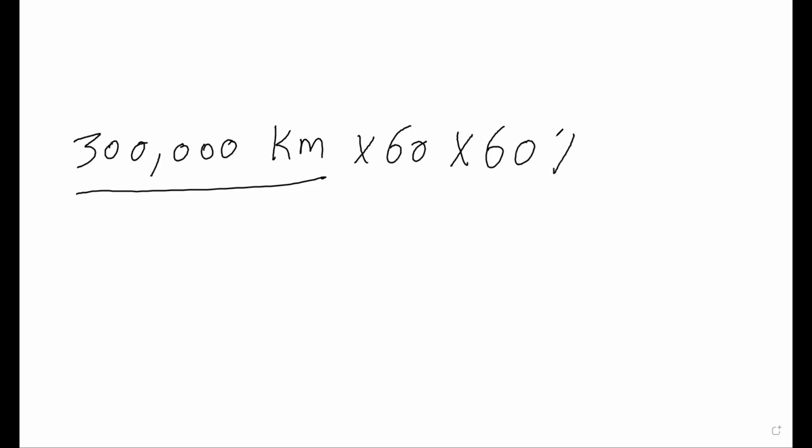And multiply this number by 24 to know the distance covered by the light in 1 day. Then multiply this number by, for example, 30 to know the distance covered by the light in 1 month.